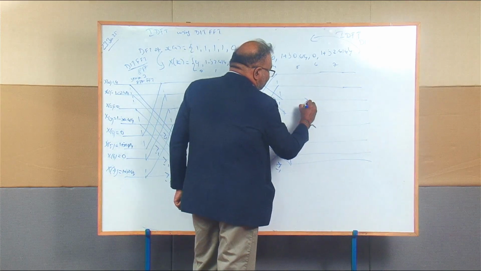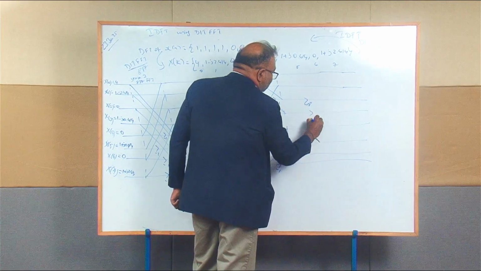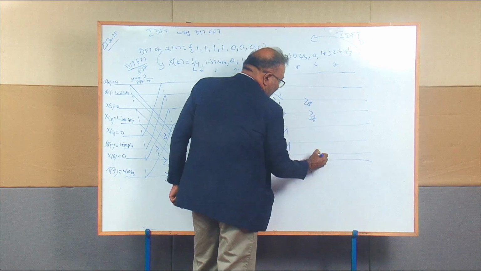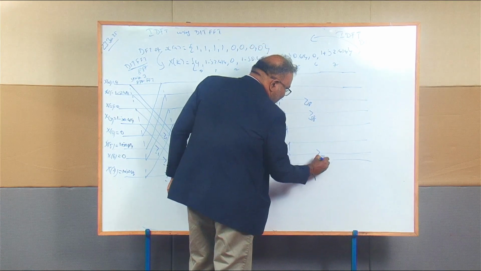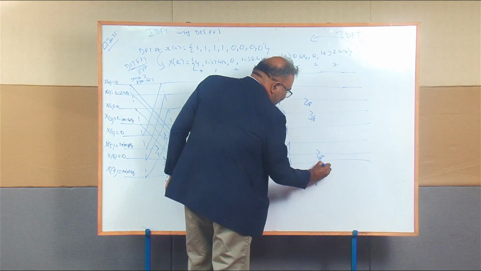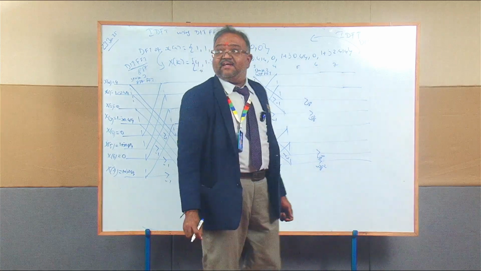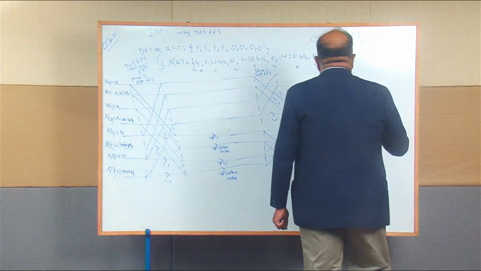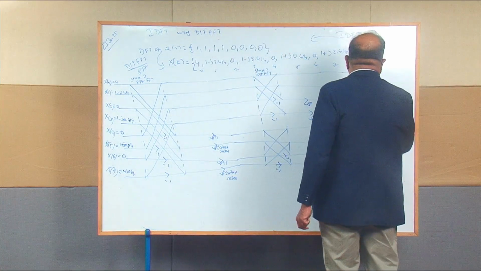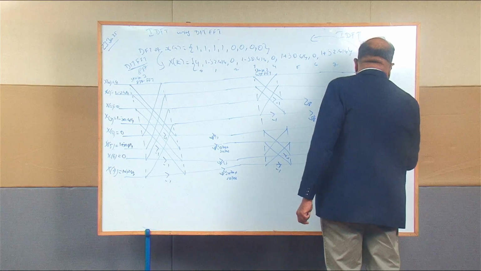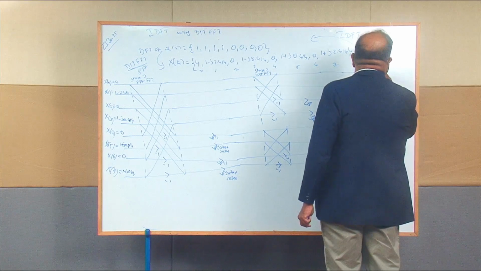Twiddle factor W8 power 0, W8 power minus 2, W8 power minus 0, W8 power minus 2. And the last stage, sorry, 2 point, stage 3, 2 point FFT.